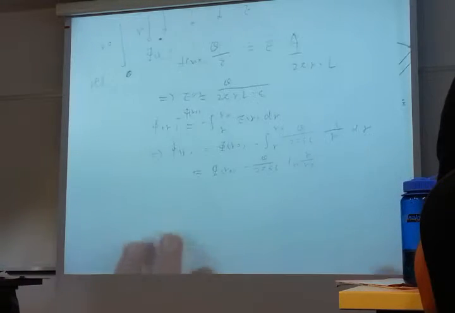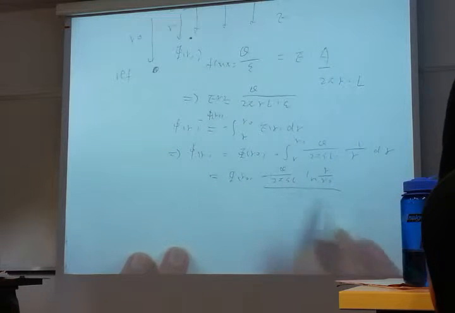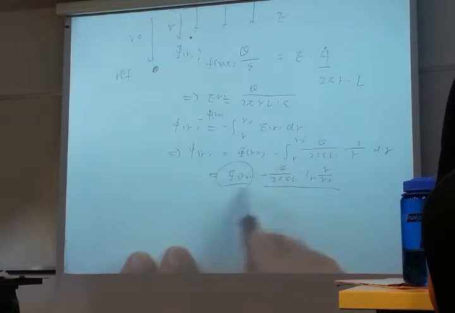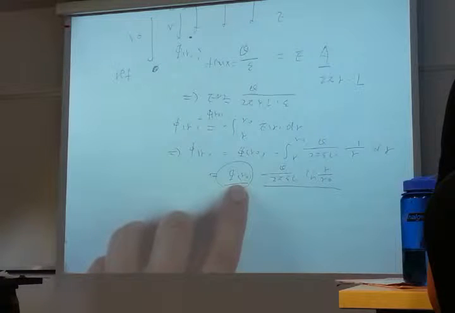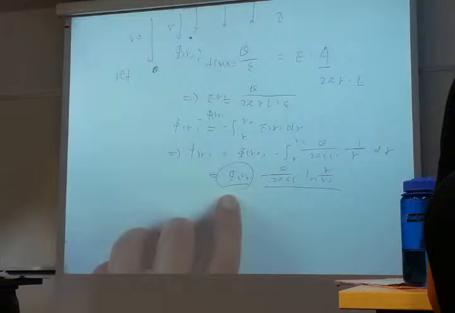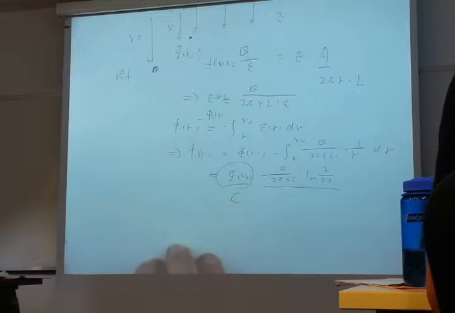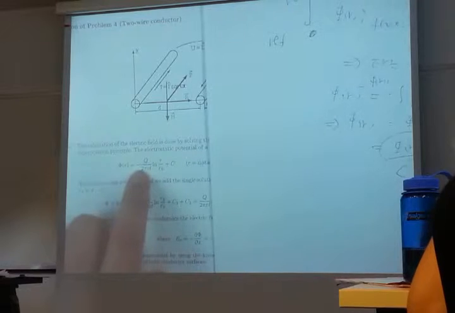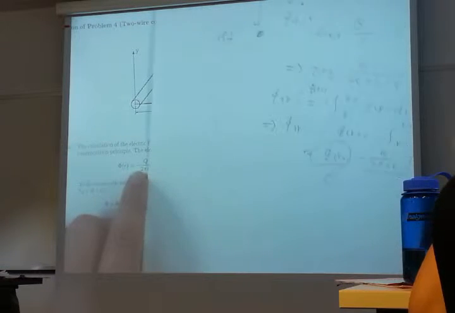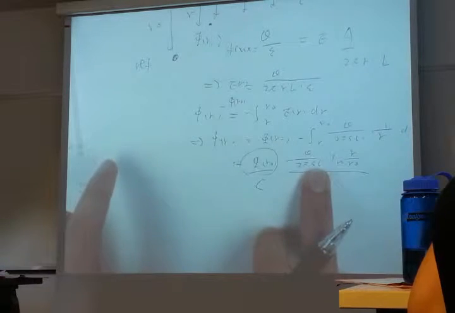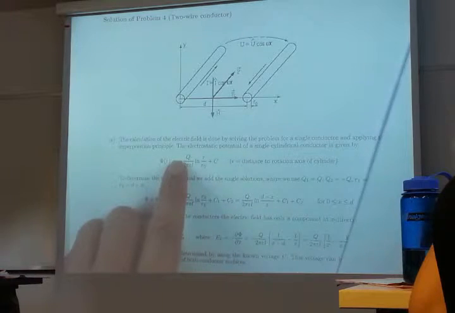In this case, we have something here and we have something here. This guy, I suppose, is the constant. If you have a fixed charge there, phi R is the constant, I call it C. And then I rewrite this equation and put it here. You can compare our conclusion here with this guy.